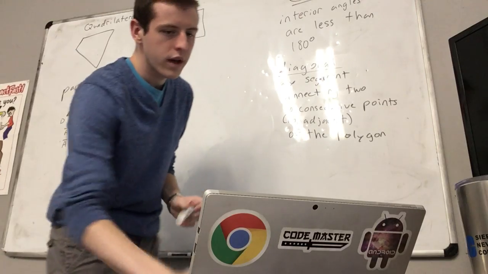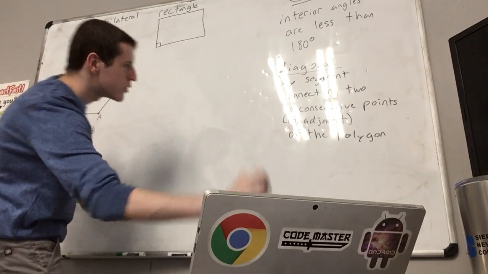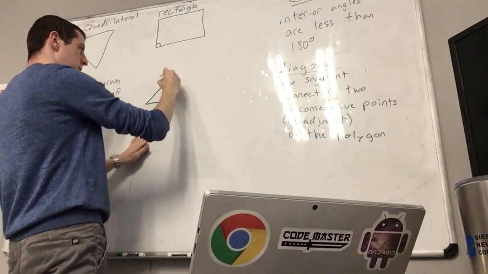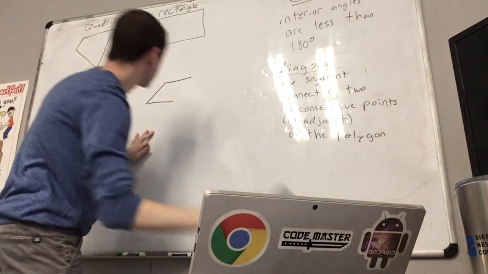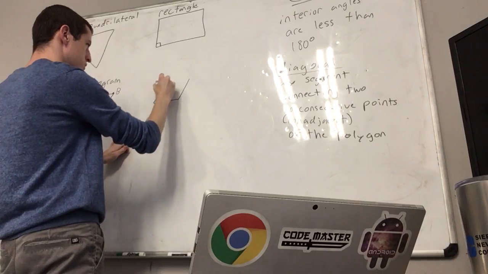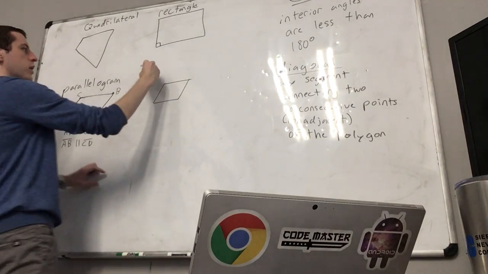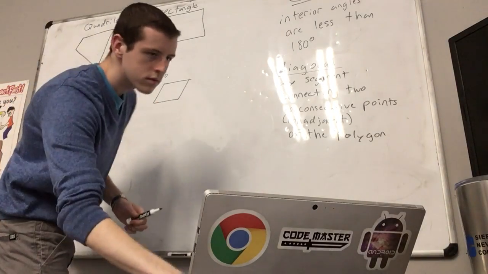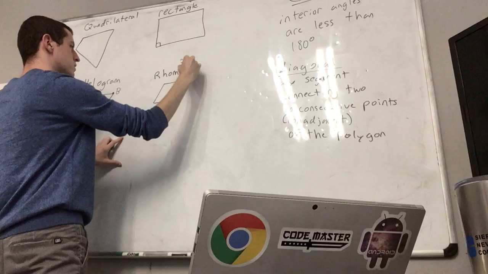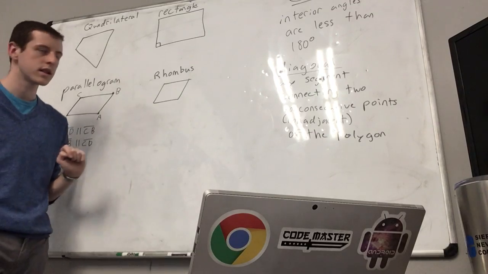So, our next one is a rhombus, which I will now butcher. Let me try this one more time. It looks very close to my parallelogram. The way we define a rhombus is as a parallelogram with at least two consecutive sides being congruent.